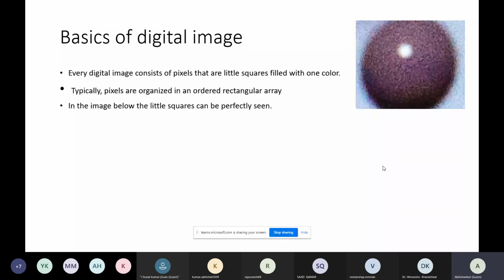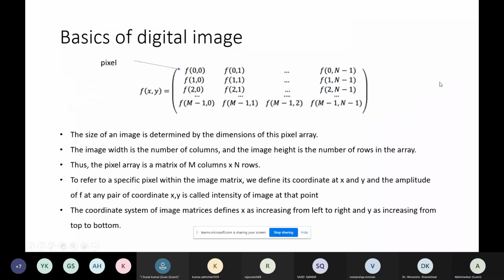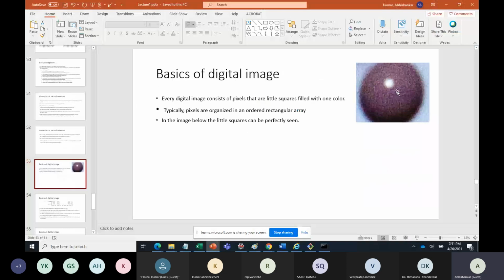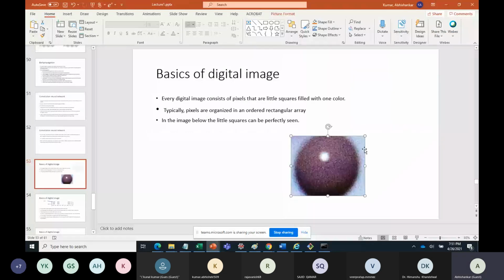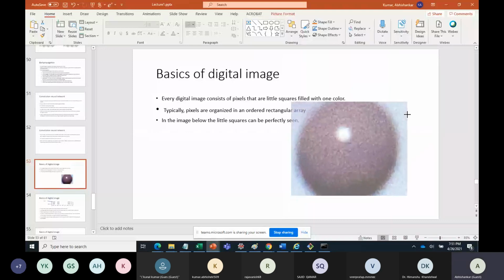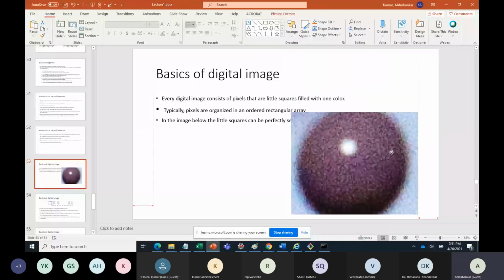Every digital image consists of pixels, which are little squares filled with one color. You can see this if you take a picture and zoom in. You will see small squares. Let me show you. Just look at this image. Can you see squares in this image?